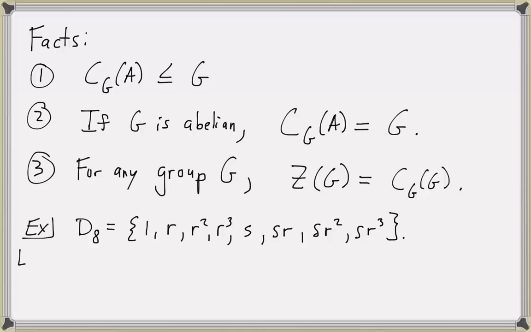So let A be the subgroup of D8 consisting of just the rotations. So 1, r, r squared, r cubed. Let's look at the centralizer of A in D8.